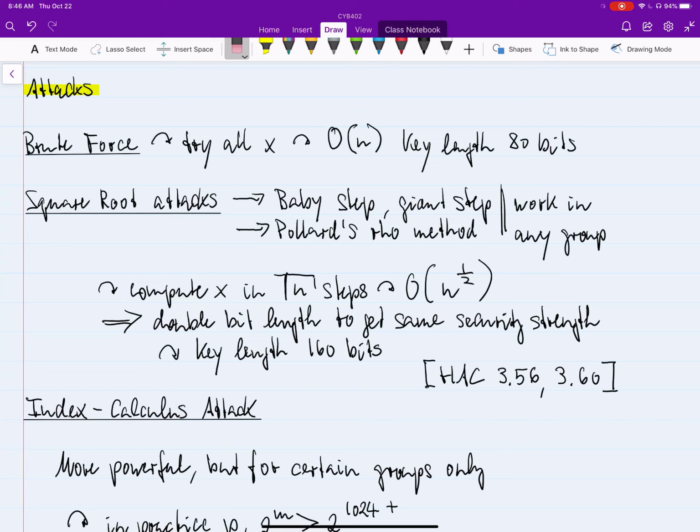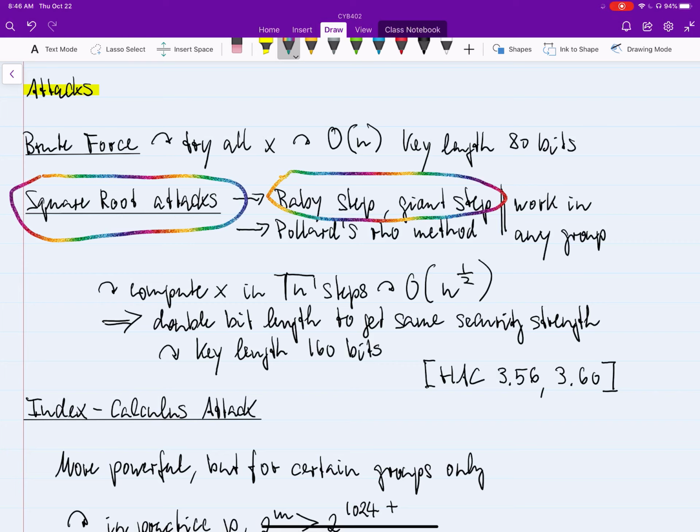So there are indeed attacks on cryptosystems that rely on the discrete logarithm problem. There are more efficient ways to solve the discrete logarithm problem than just brute force. There's a group of attacks called square root attacks, and there are two of them: baby step, giant step, and Pollard's rho method.